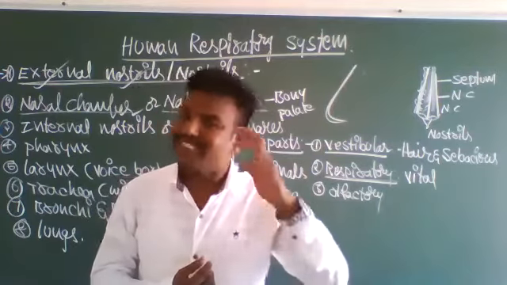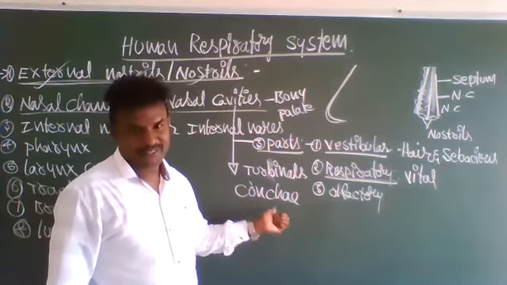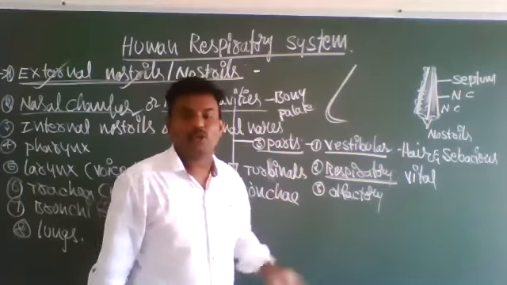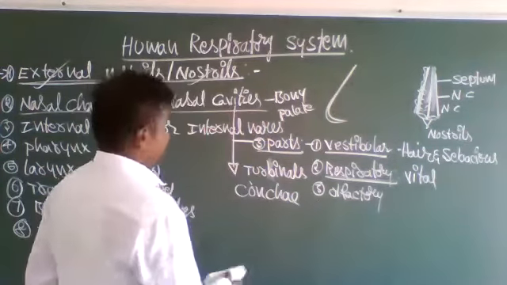Those three thin twisted bones are called turbinals or concha. Mainly they control the thermoregulatory mechanism.